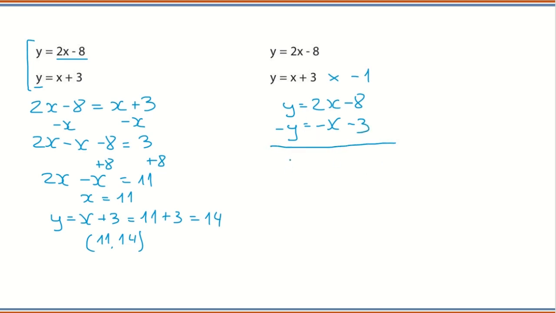Y minus y is 0, equal x minus 11. If I add 11 on both parts of the equation, I have that x equals 11. And now I can substitute x in this equation. Y equals x, which is 11 plus 3, and this is 14.